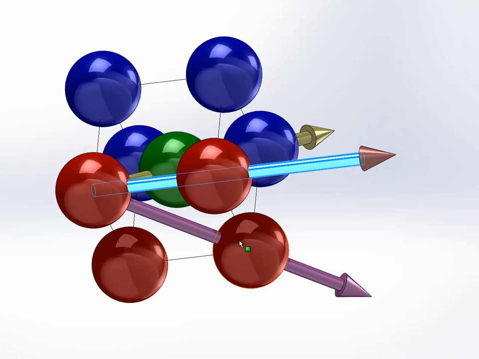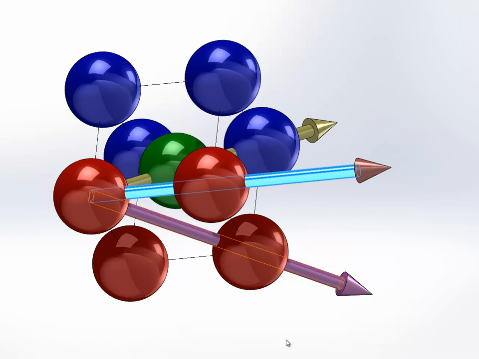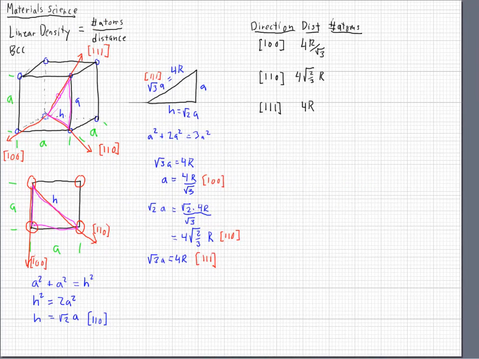Looking at the 1, 1, 0 direction, it's the same. We have 1 radius here and then 1 radius here. That's it, going from corner to corner. So this also is 1 atom. So we only have 1 atom here and 1 atom here.